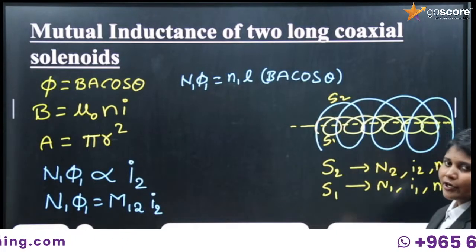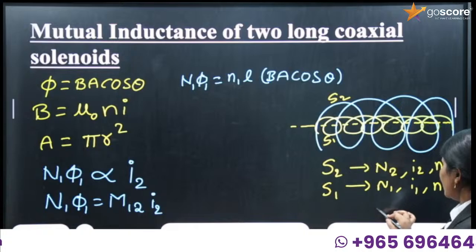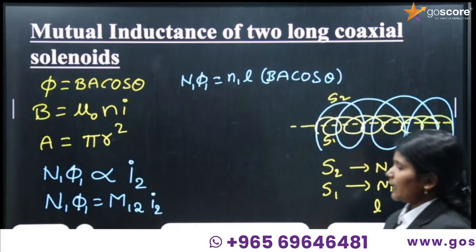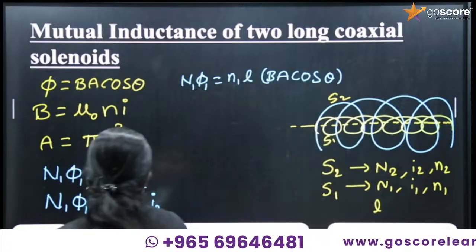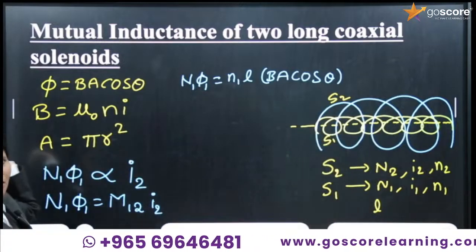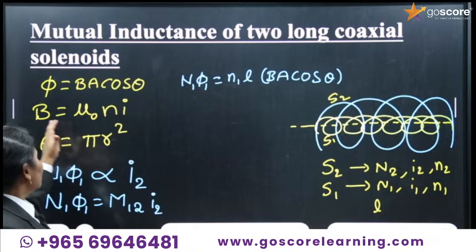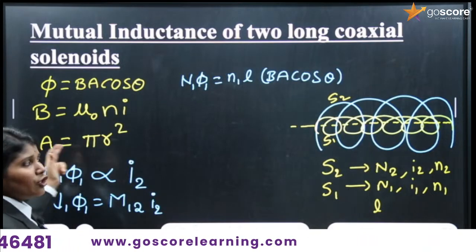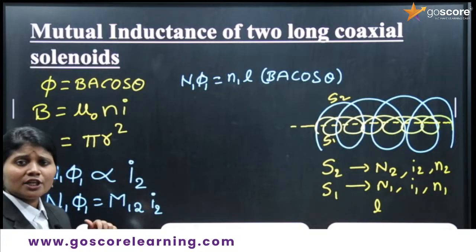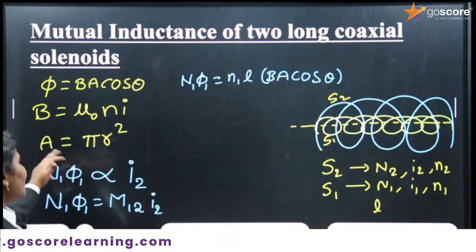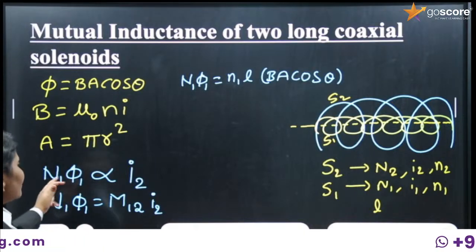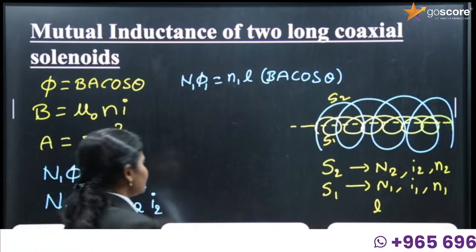For both solenoids we consider the same length L. We know that phi is equal to B A cos theta, and B is equal to mu naught n I. The solenoid is circular, so the area is pi r squared.